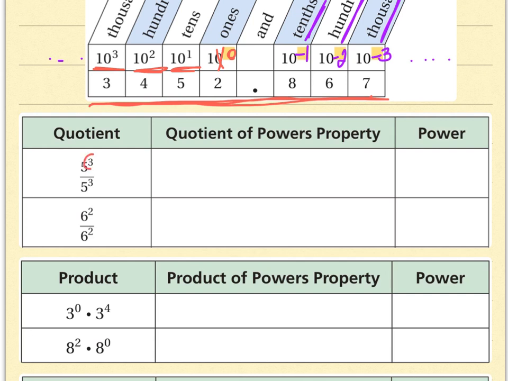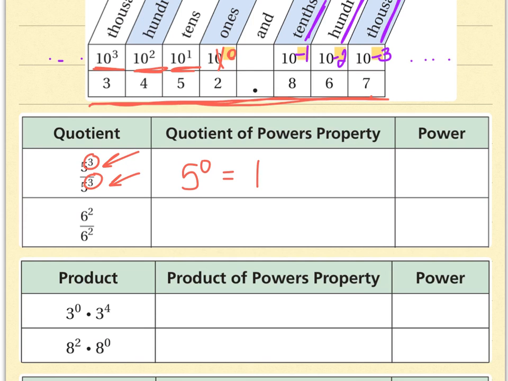5 to the 3rd divided by 5 to the 3rd. I just subtract those. I get 5 to the 0. Now, 5 to the 0 actually is just 1. And the reason for that is because the number on top is the same as the number on bottom. Think about what would happen if you divided 4 divided by 4, or 5 divided by 5, or 6 divided by 6.